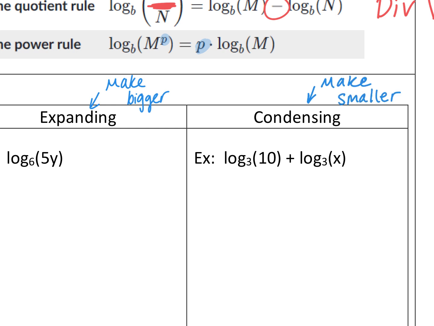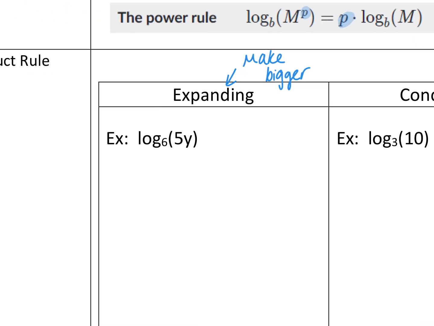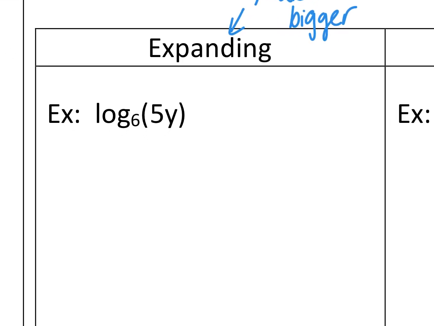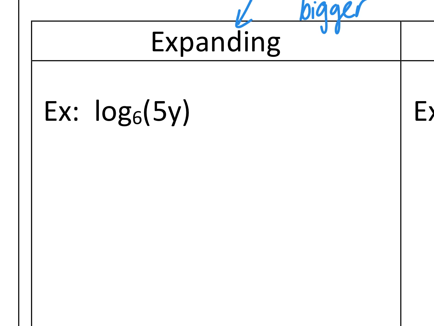So first rule we're going to work with is the product rule, which once again, multiplication goes with addition. So when I'm expanding, I'm going to see one logarithm written, and then on the inside, something's going to be going on. In this case, do you see how that 5 and that y are being multiplied?